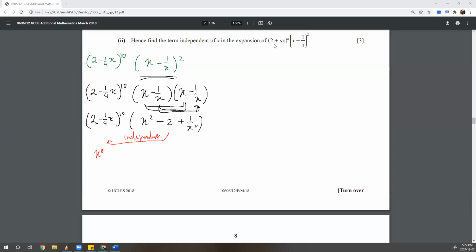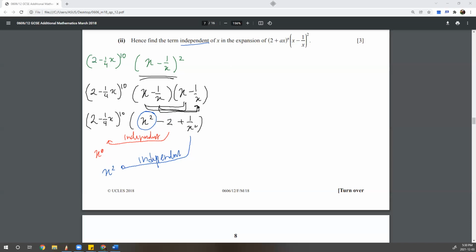Or this: something times 1 over x squared. So it has to be times x squared, right? So x squared times something over x squared is independent. But in this case, we don't have anything, because if you multiply any part of this expansion times by x squared, it will have no independent x. But in this case, 2 times something power 0 will get the independent. Independent means no x. Okay.